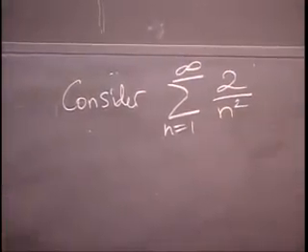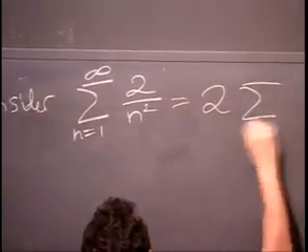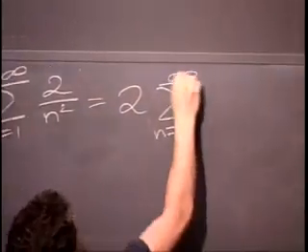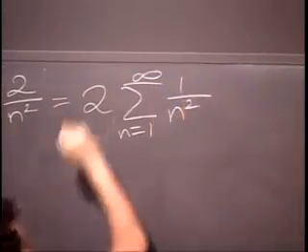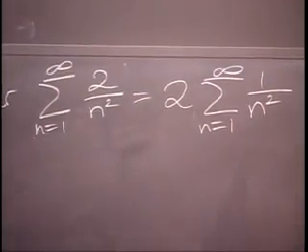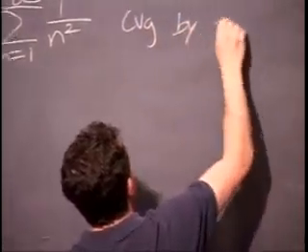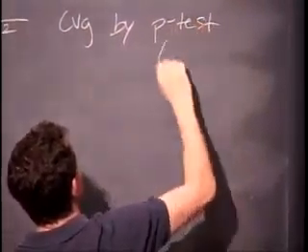Well, the 2 is not very important. That's just a constant. Constants come out of series just as they do integrals. And you get 2 times the sum of 1 over n squared. Well, does that converge or diverge? It converges by the p-test. After all, 2 is bigger than 1. Converges by the p-test for series.